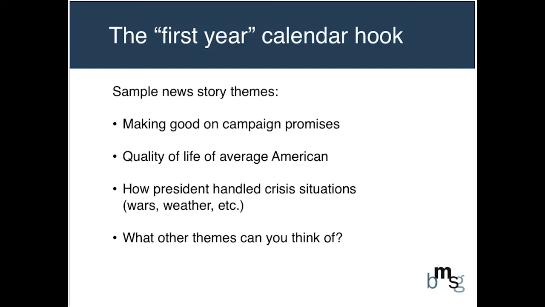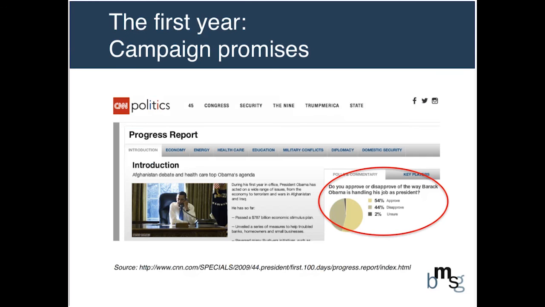Also, every president is going to encounter certain crises, and how they handle those crises is going to be evaluated after that first year. So we want to leverage this anniversary hook to promote the news stories and the frames that we want to see around our issues. There are just a couple of examples here that I'll go through.